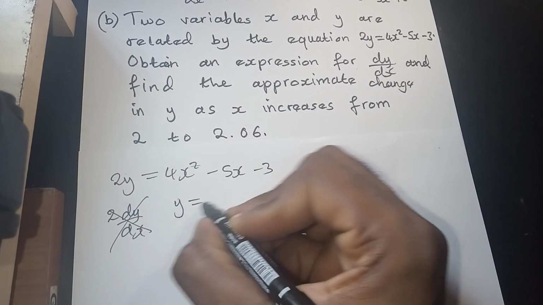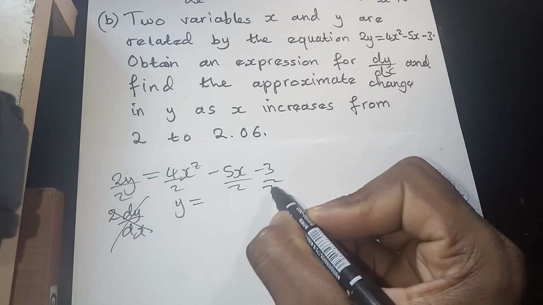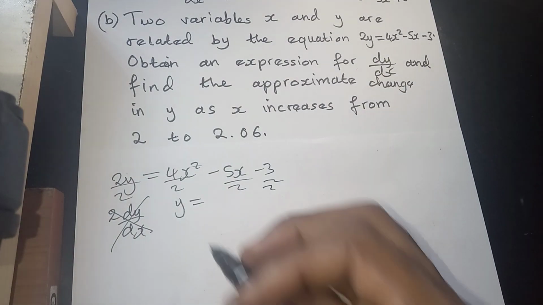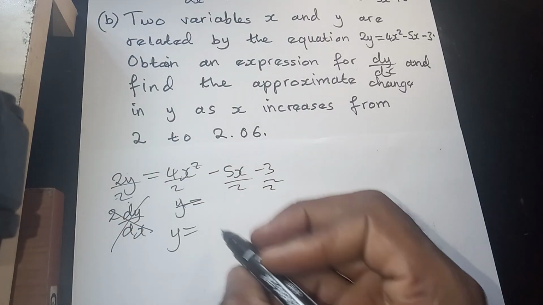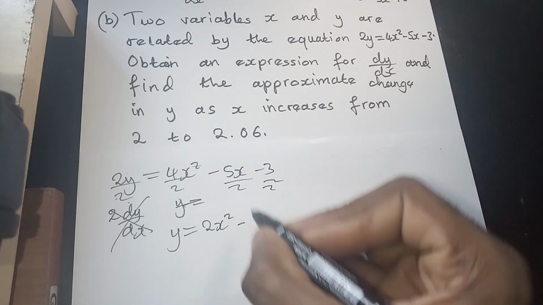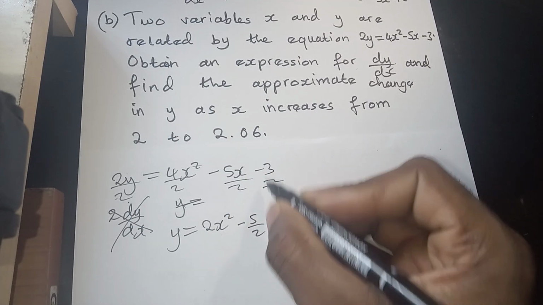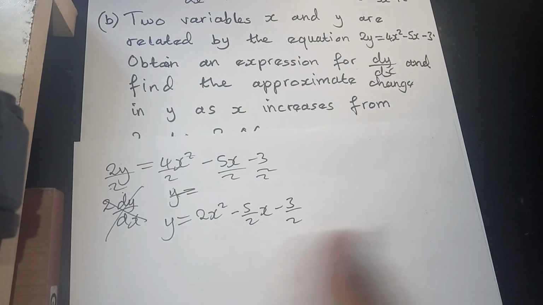So y will be, dividing through by 2, y = 2x squared - (5/2)x - 3/2. So now this is easy to differentiate.